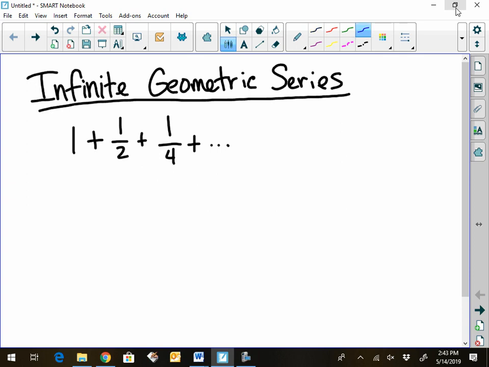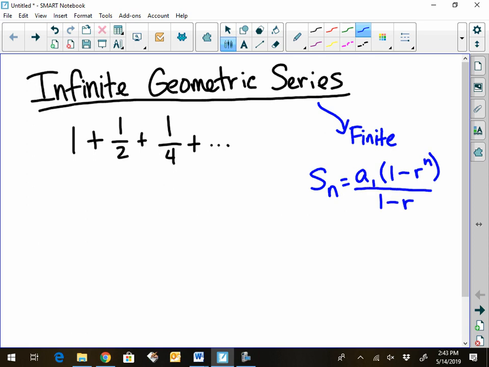So remember, for a geometric series, usually for a finite one, we would have S sub n equals a sub 1 times 1 minus r to the n over 1 minus r. Now, n, in this case, would have to be a finite number. But what if it becomes infinity? Well, then things change a little bit. So as we go to infinity, we have to figure out, well, what does that look like now?